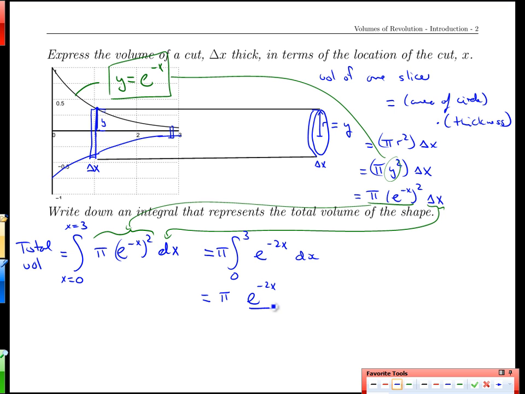It's e to the negative 2x over negative 2, and we evaluate that at 3 and 0. So we get pi times e to the negative 6 over negative 2 minus e to the 0 over negative 2, and that works out to approximately 1.57 cubic units.